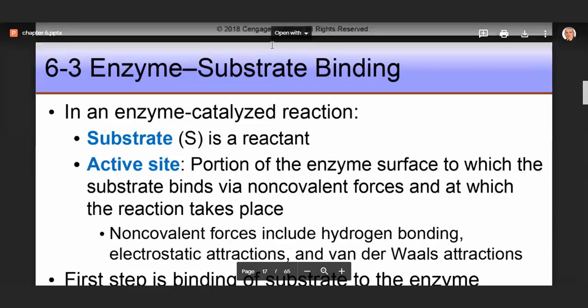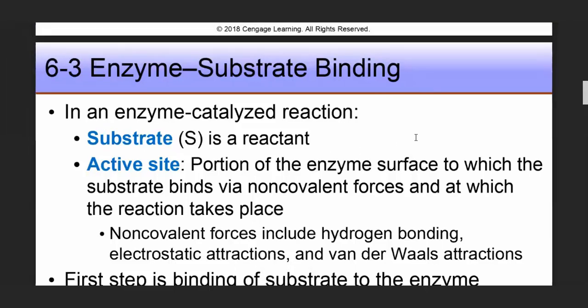Now, enzyme-substrate binding. The first step, in order for an enzyme to catalyze a reaction, is that the enzyme must bind the substrate. The first step is always binding the substrate to the enzyme.